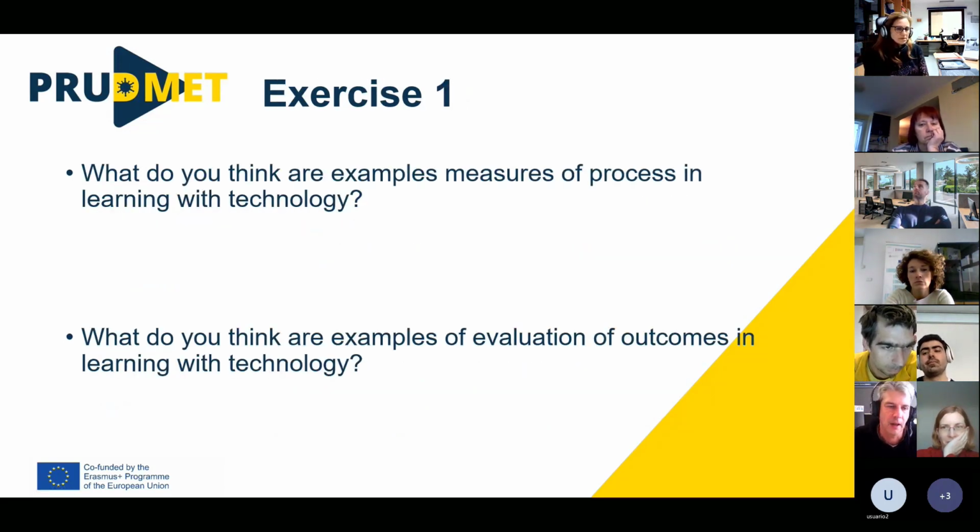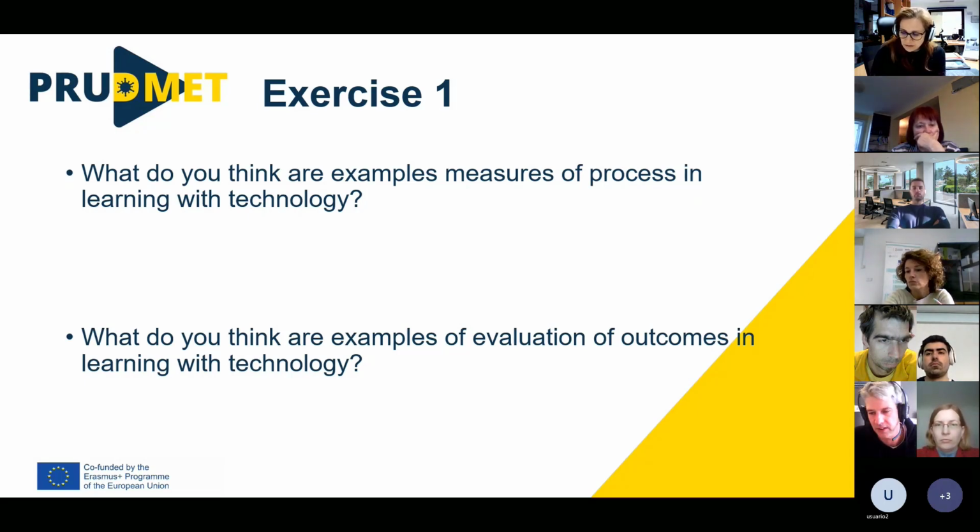At that point, I'd suggest that you break for a bit of an exercise and get people to think about what the process and outcome measures might be. And I think I've done this with people previously, and it's really interesting, the range of different measures that you might get, especially with different areas of study around a university.